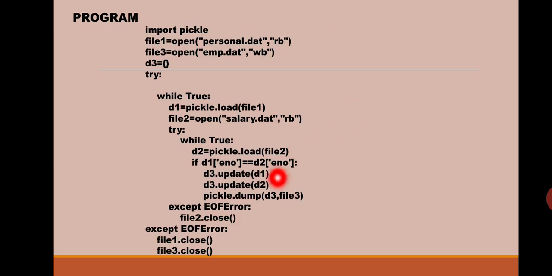Again, when we take the next record from the file personal.dat, we are going to open the file salary.dat again and proceed with all the records of this file. In this way, this process will go on. When all the records of the file personal.dat are read, then we are going to close the file personal.dat as well as emp.dat.